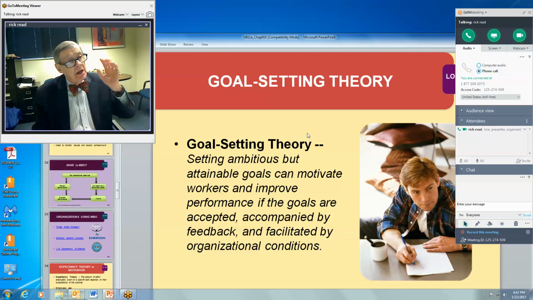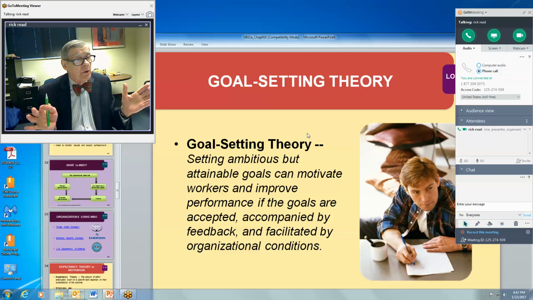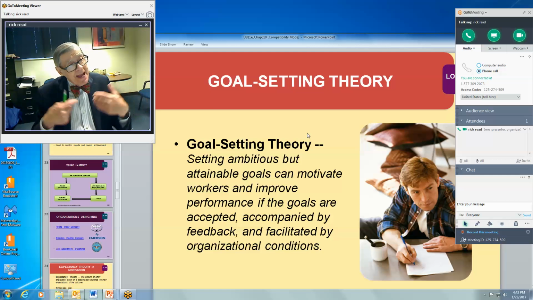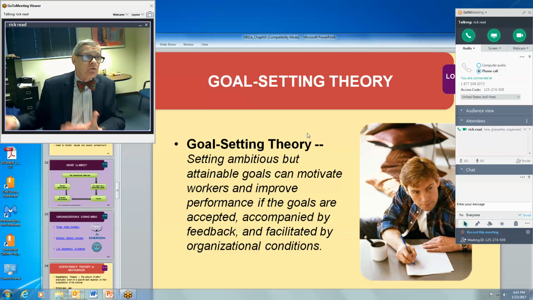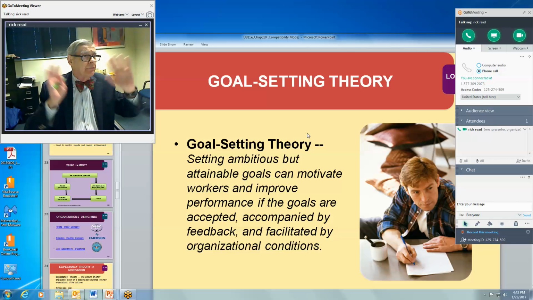Because if an employee sees that no matter what he or she does, given all the resources they possibly need, they can't complete the goal, they won't try. So it has to be something they can see can be achievable. You don't want it to be too easy, because if it's too easy, they say, hey, anybody can do this, I'm going to do something different.